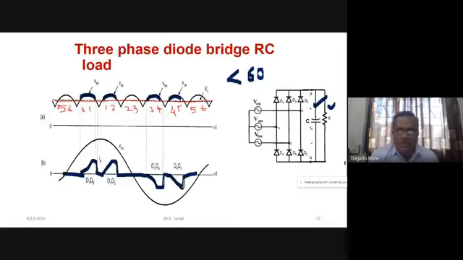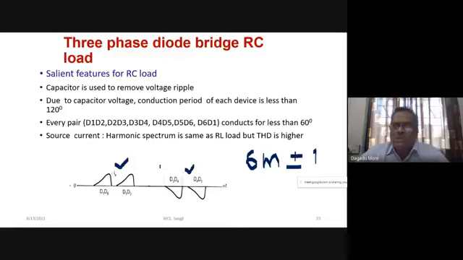In the case of induction motor drives, when we have a diode bridge rectifier as the front end and then a capacitor, definitely this will be the source current of the variable speed drive. For a variable speed induction motor drive, the source current is not sinusoidal. This is the nature of the source current of an AC drive.